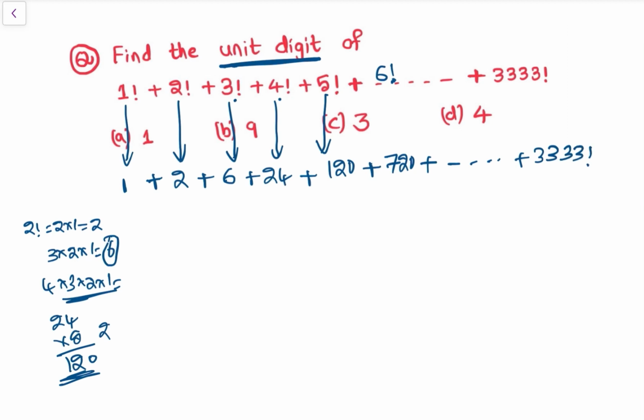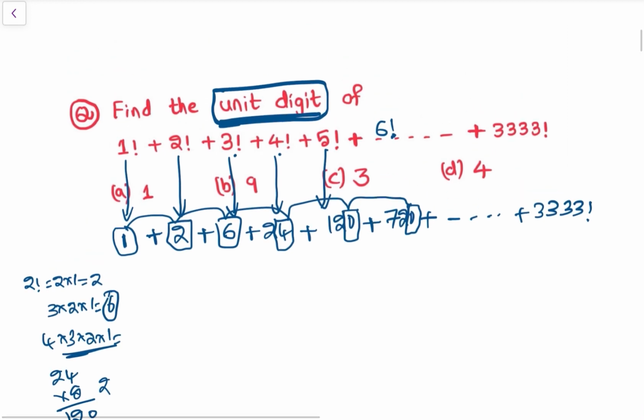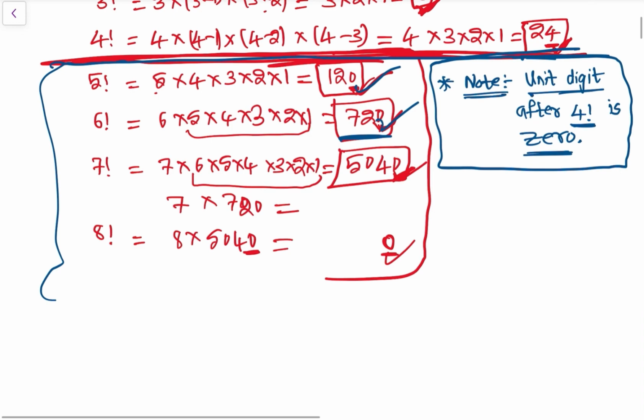अभी देखो concept कैसे use हो रहा है. We know we have to find out unit digit, and while doing addition unit digit कैसे find करते हैं. So we need to add unit digits of all the digits. That's what we discussed in the first class of unit digit. So now we need to add all these unit digits. Now we know that after 4 factorial, notice unit digit after 4 factorial is 0.